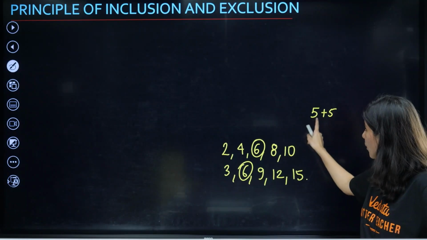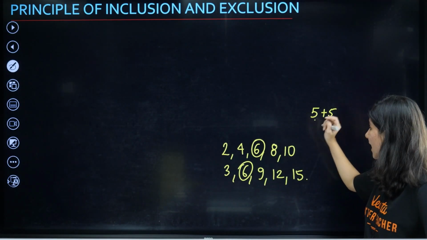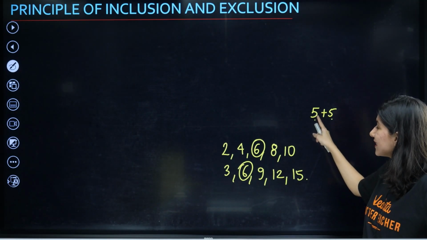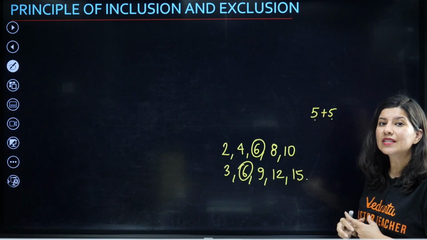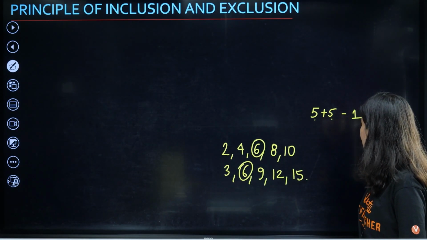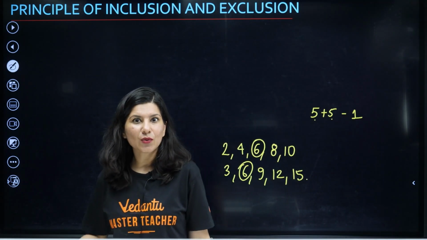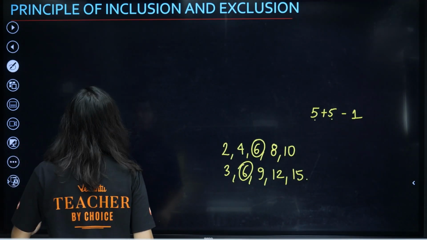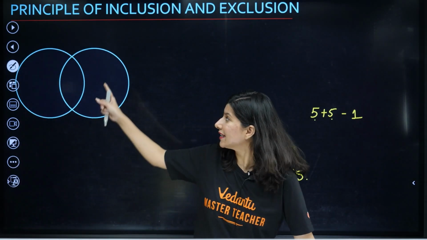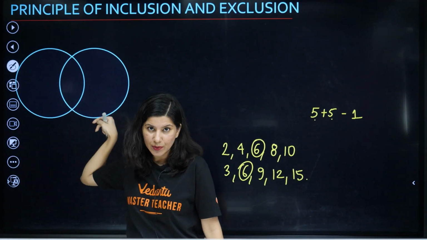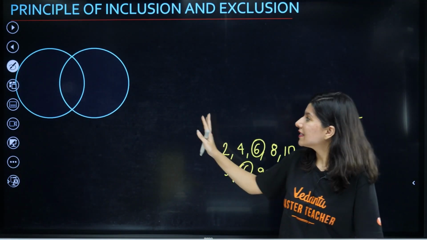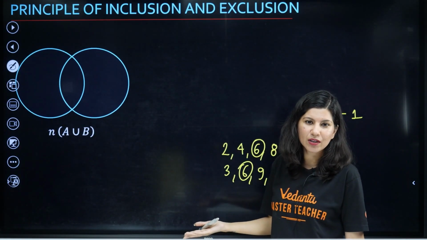I have counted 6 here also. We have counted it twice, so we have to subtract once: minus 1. Basically we are using set theory. Suppose you have set A and set B, and you want to calculate the number of elements of set A or B, that is, A union B.